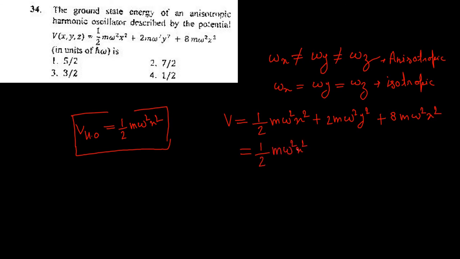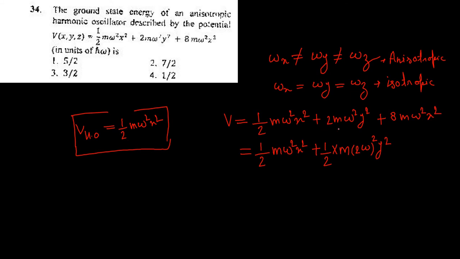Omega square x square will be as it is, plus. If we multiply by 1 by 2, then we have to multiply by 2. So this will become 1 by 2 into 4, and we will take the 4 in the omega, so this will become m 2 omega square y square. If we expand this term, this will become 4, and 2 will cancel out 4 by 2 times.